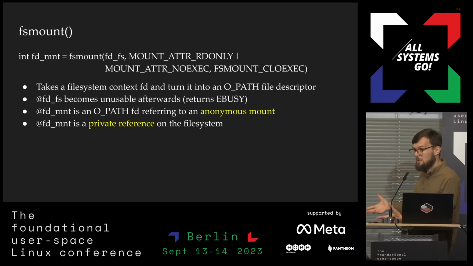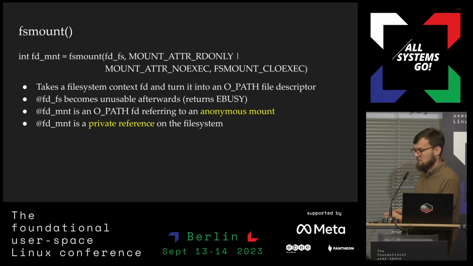It doesn't appear anywhere in the file system hierarchy. It doesn't belong to any mount namespace. So you can keep this FD for yourself and then have your private tmpfs reference, for example, that you don't share with anyone else. If you close it and you're the only one holding an FD open, then the file system goes away. This is a pretty nice property.